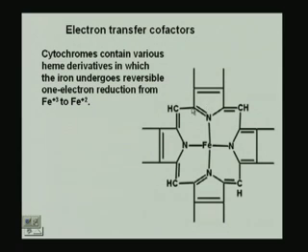So, there are different substituents in the hemes that make different cytochromes also. So, you have cytochrome A, you have cytochrome B, you have cytochrome C, but the difference lies in the fact that you have different substituents in the heme, and there is one cytochrome that even has 2 hemes associated with it. Now, in this case, the iron is coordinated to the nitrogen of the pyrrole rings, right.